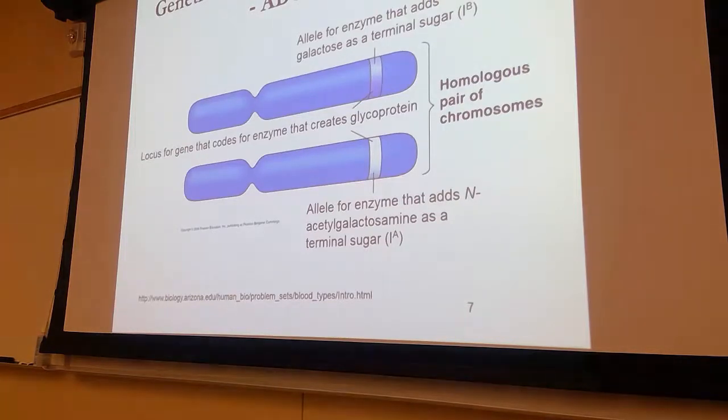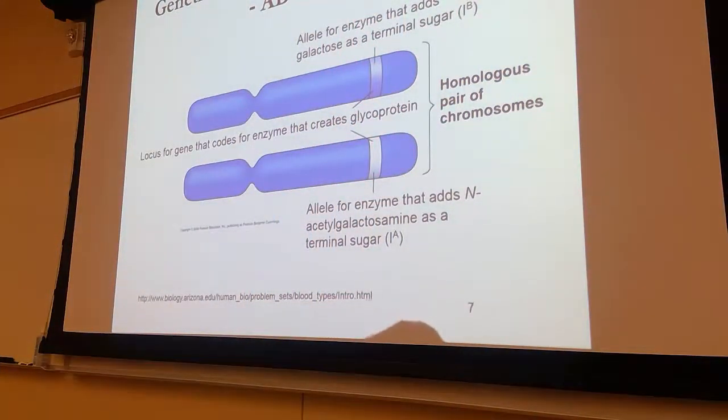In typical Punnett squares, don't we use capital letters for the dominant? We use lowercase letters for recessive. Well, the letters we use for blood typing are different. We use a capital I or a lowercase i. And along with the I letter, we have another letter, A or B.